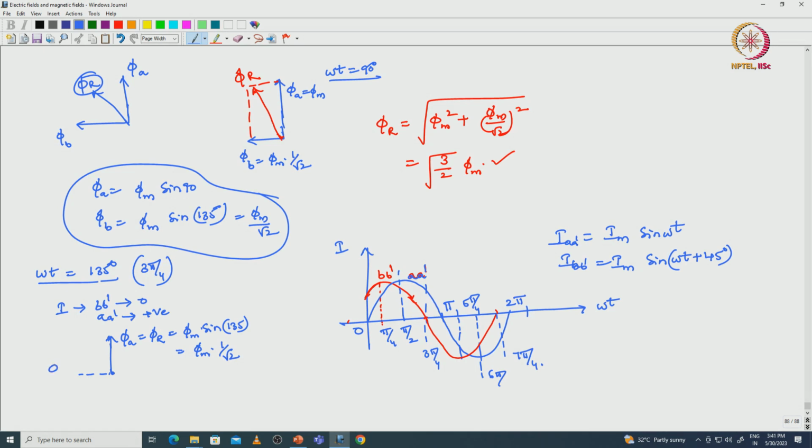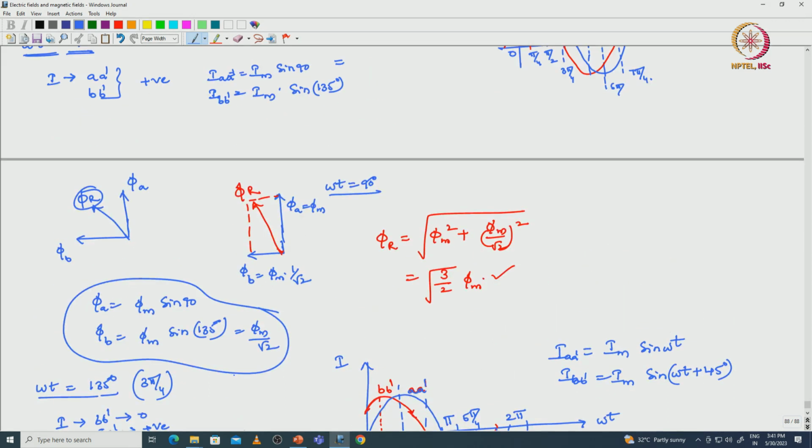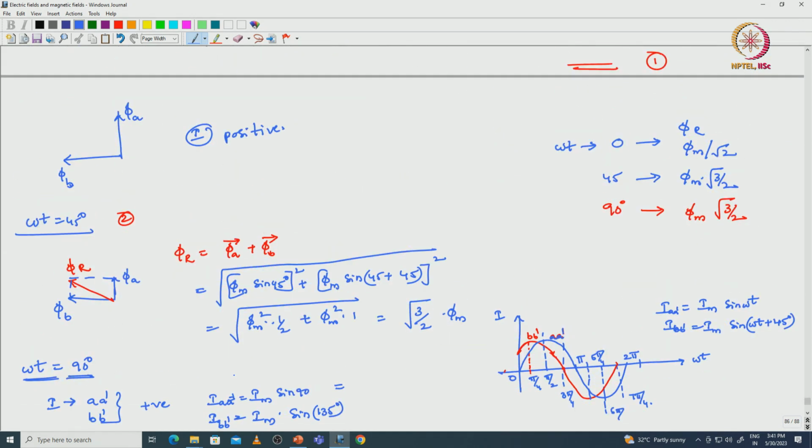Here the phi b value is 0, that is why I consider directly phi A equals phi r, the resultant vector magnitude. I will summarize at 135 degrees it is phi m square root of 1 by 2, or phi m by root 2.